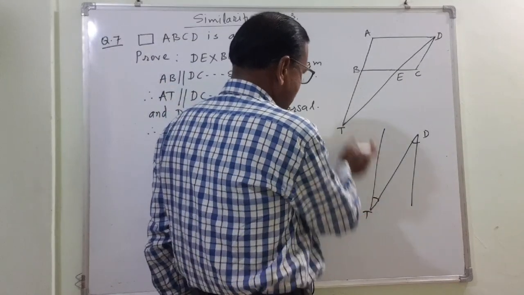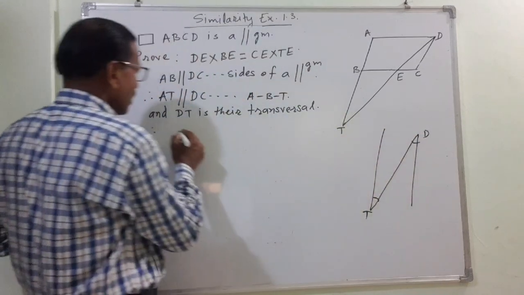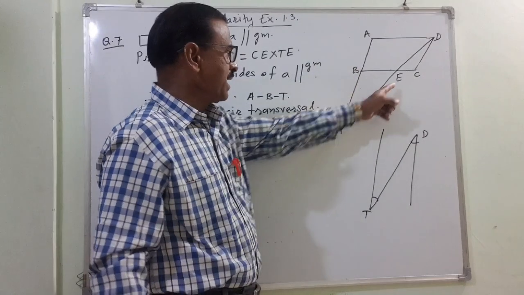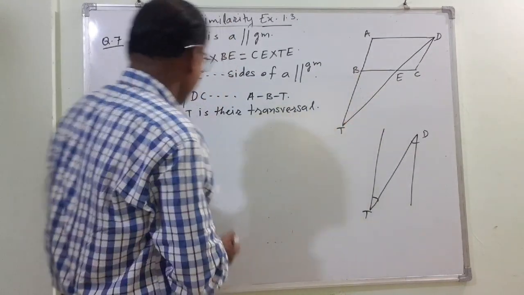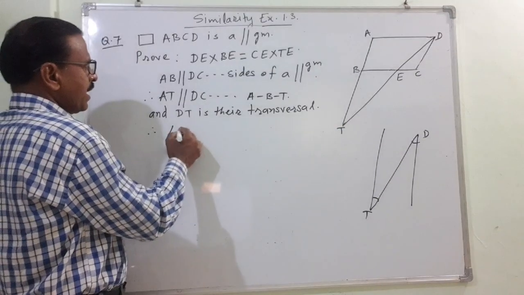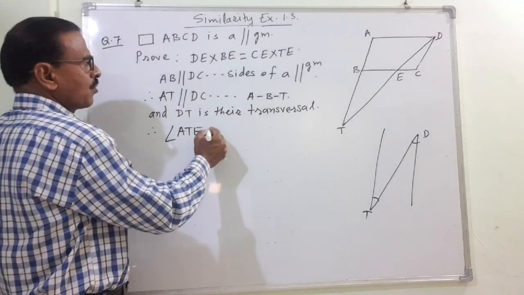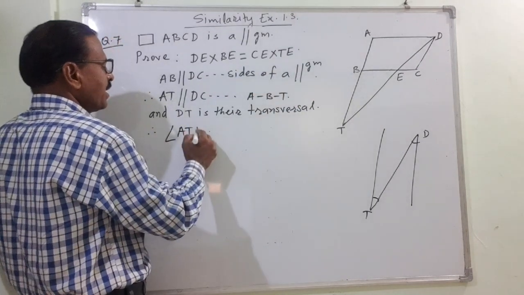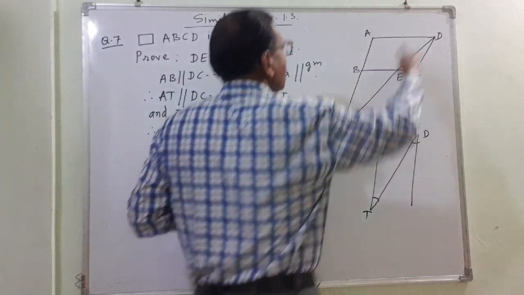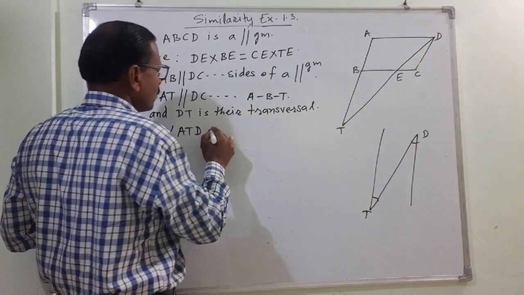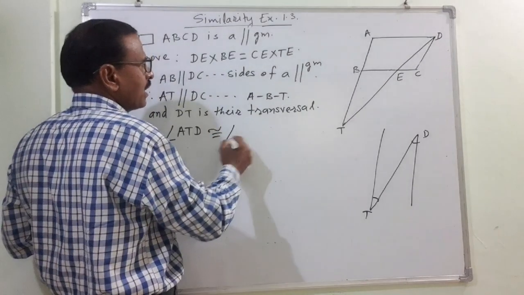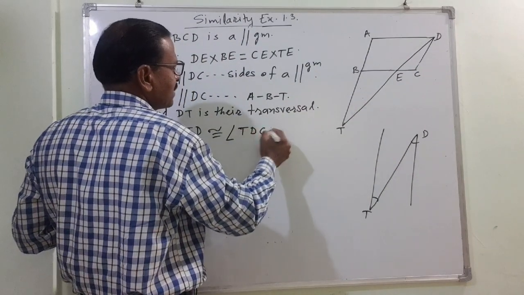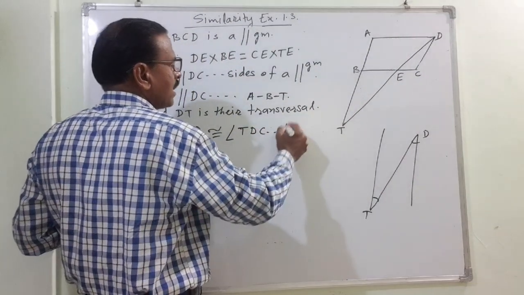I have seen just this T and this D angle: angle ATE or BTE, angle ATD I will say, because I am taking this whole thing, is congruent to angle TDC. Reason: alternate angles.